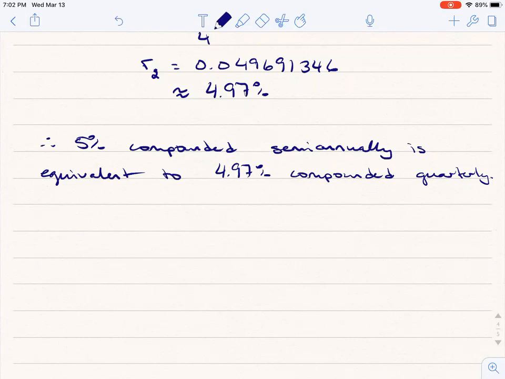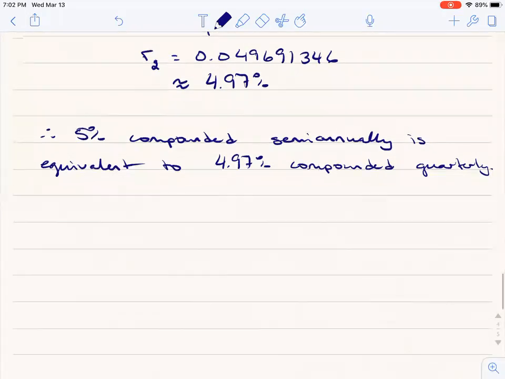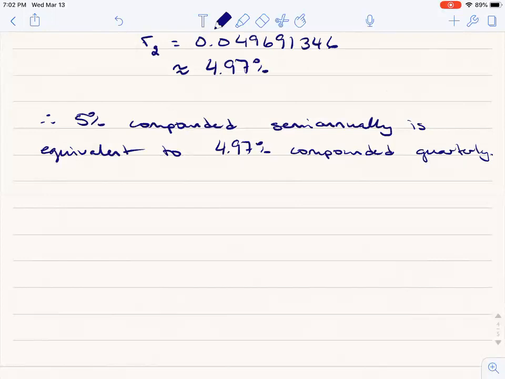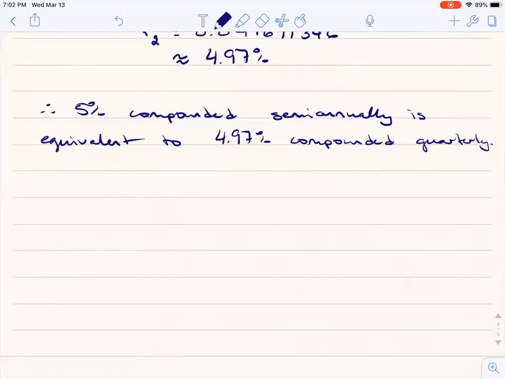We can do the same thing. We've got a special case with continuously compounded interest rates. If you have a continuously compounded rate and you want to move to some compounding frequency, we can use this formula.